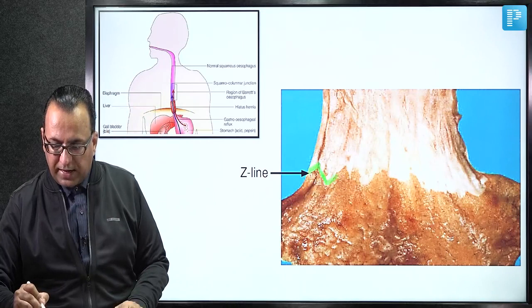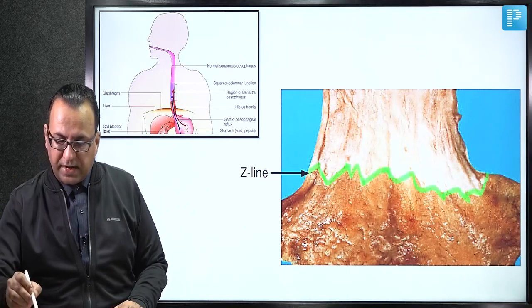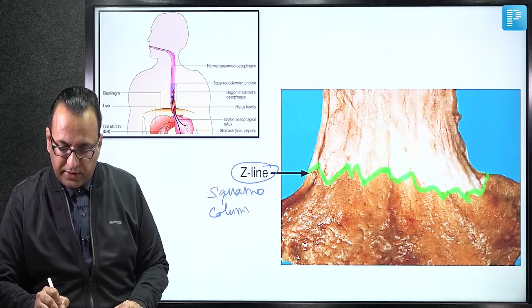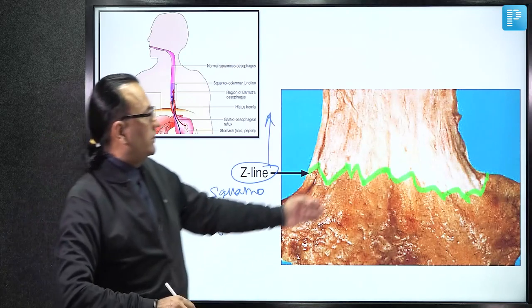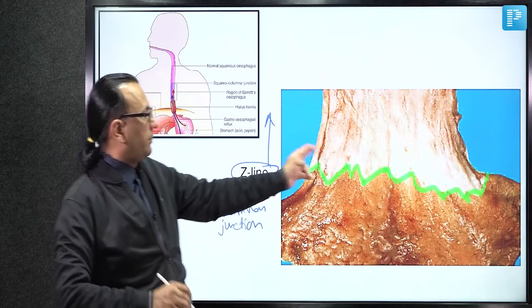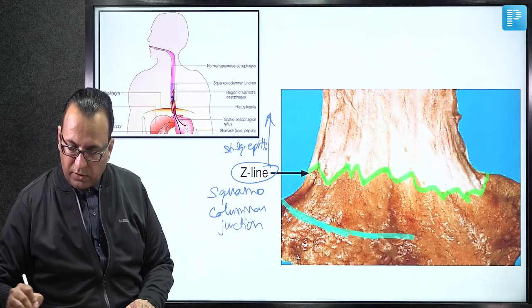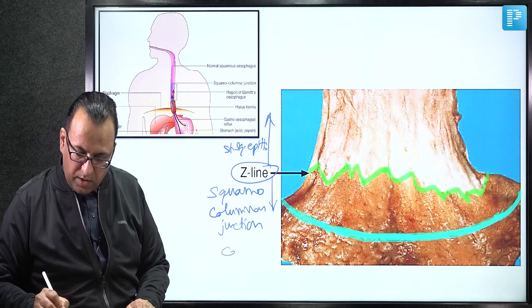It is called zigzag line as the appearance is zigzag here and is representing the squamo-columnar junction in a normal esophagus. We have to understand that the epithelium which is above that, this whitish mucosa at the lower end of esophagus, is stratified squamous epithelium, as you can mention here. But the lower 2 centimeter of the esophagus below the Z line is lined by columnar epithelium.